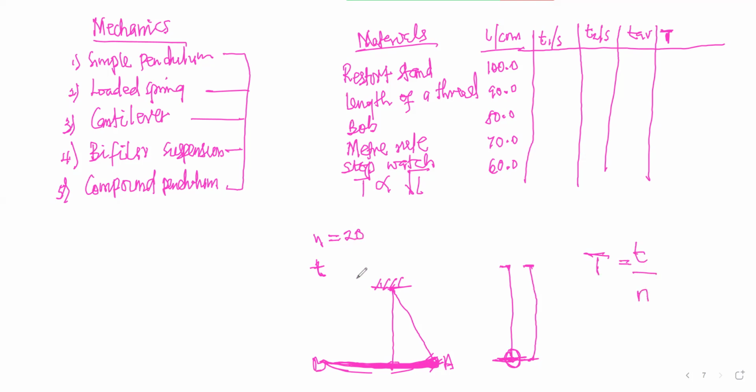So if I counted 20 oscillations and had 100 seconds, it is 100 seconds divided by the 20 counts, and that will give me the period. This will be more accurate than just counting it once. So that is the reason why we take that number of oscillations.